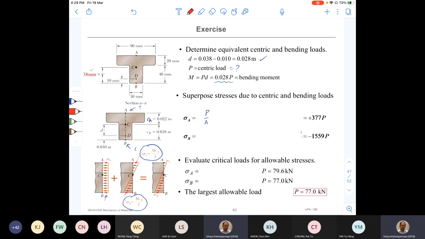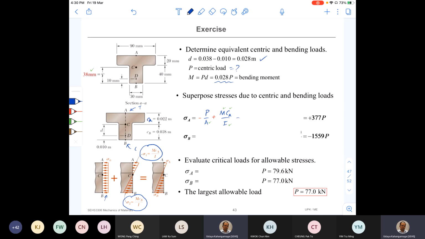So you need to introduce a negative sign here. Okay, and then the bending moment creates a positive stress, right? Therefore, positive, and it is going to be M C A over I.